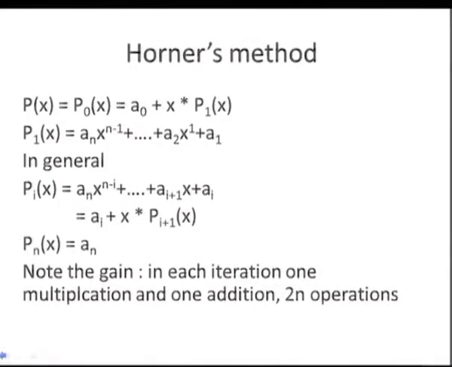So, we have already seen that Horner's method is an optimal method for evaluating a given polynomial, given as the set of its coefficients, in the sense that it uses exactly the required number of arithmetic operations.